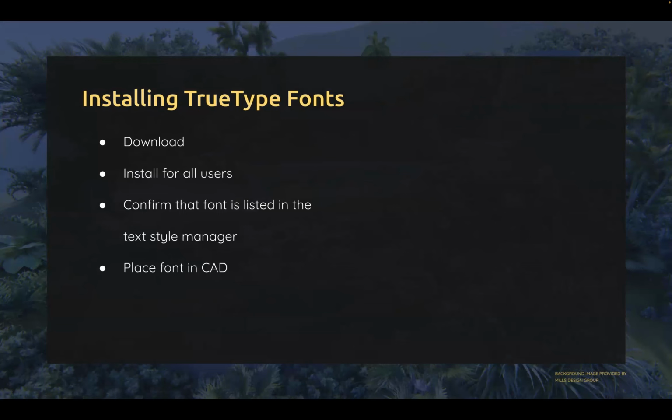You'll want to confirm that the font is listed in your text style manager in CAD. That'll be the first place you can see an issue, is if you install a font and then you open your text style manager and it's not in the list, then it's time to figure out why. A lot of times this will happen if you install an OTF, an OpenType font, and you don't realize that it is an OpenType font, and then you're confused why it's not in CAD. Again, it's because CAD doesn't support them.